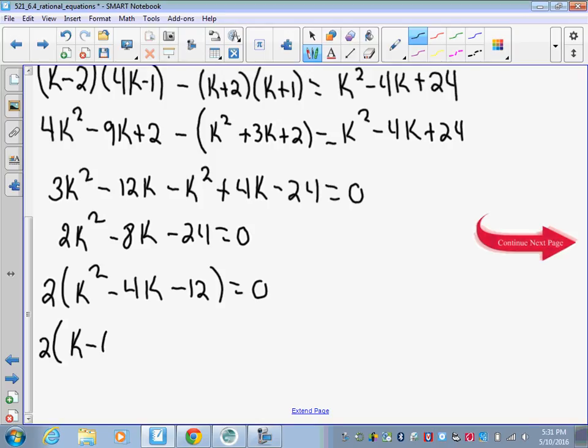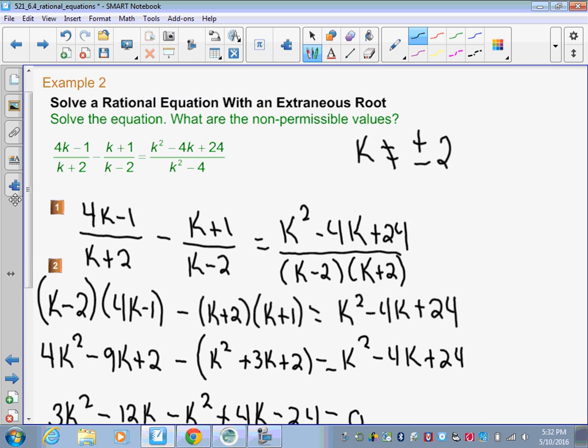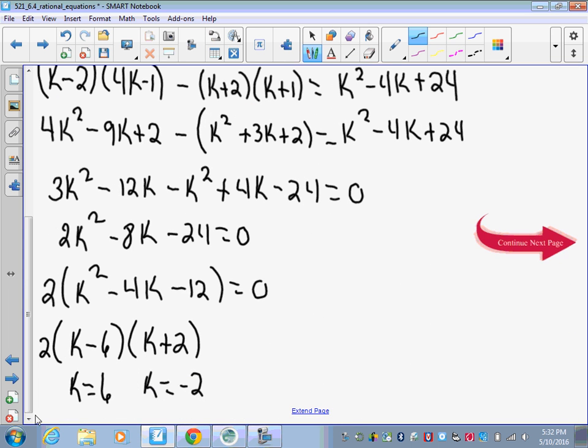K minus 6 and K plus 2, which means my two values are K equals 6 and K equals negative 2. Now, we should realize at this point, because of our non-permissibles, it says K is not allowed to be plus or minus 2. So this one is out. It's an extraneous root, and this is the only one possible.